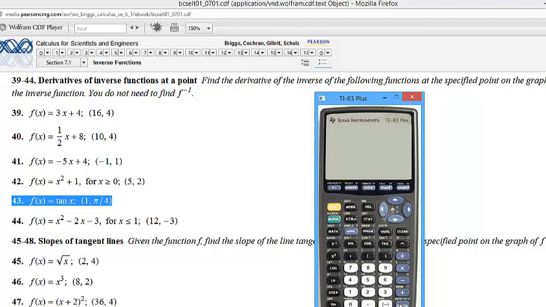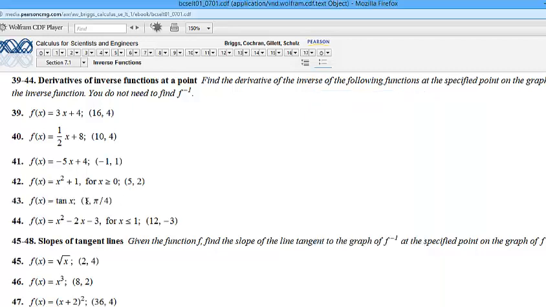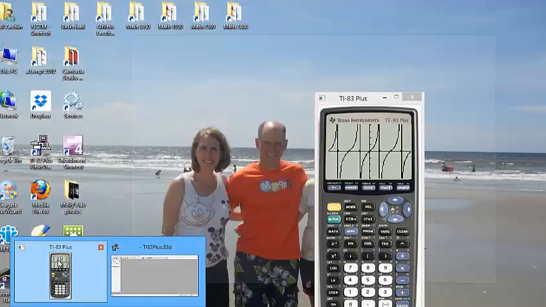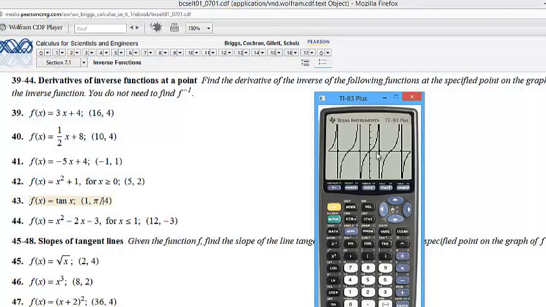So, turn the calculator back on. It says, look at the point 1 comma pi over 4. But that seems kind of backwards. Why do we even talk about that? Well, the reason is that on the regular graph, I can calculate a value by hitting second trace.